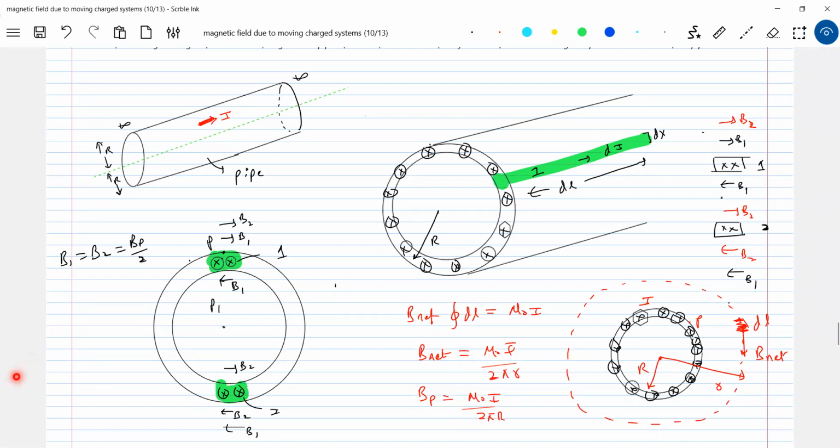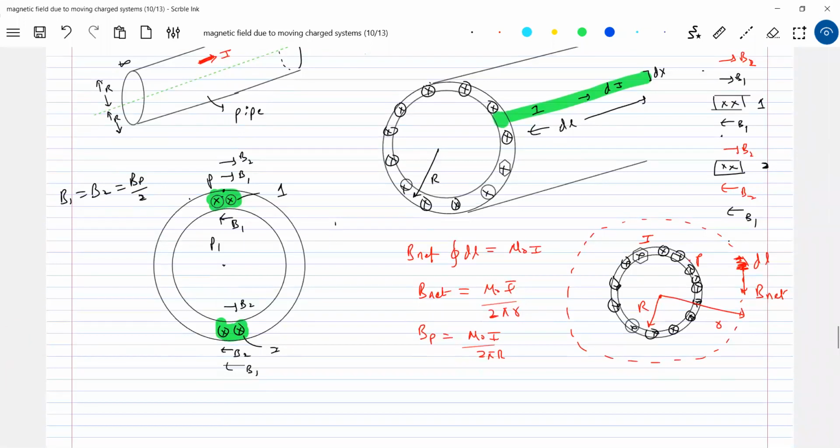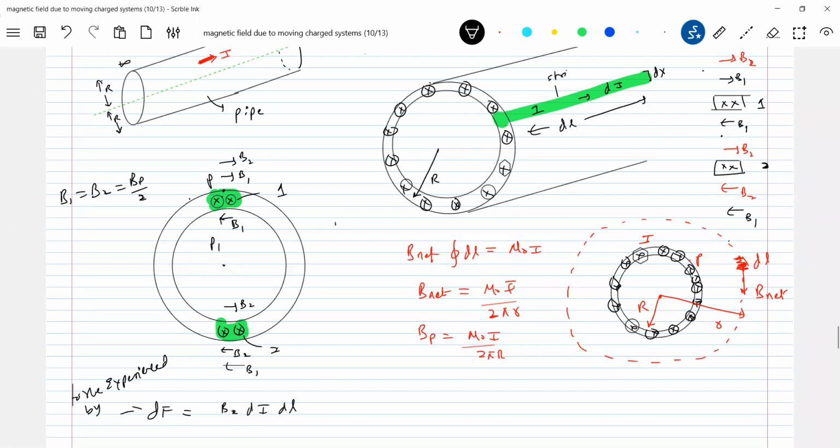Okay, I agree with this one. So now let's get into the real part of the problem. DF, the force. How should I bring it now? DF is equal to B2, the field produced by that, into how much current is flowing in the element 1, DI, and what is the length of that, DL. So what is this DF? Force experienced by strip 1 due to the field produced by strip 2.